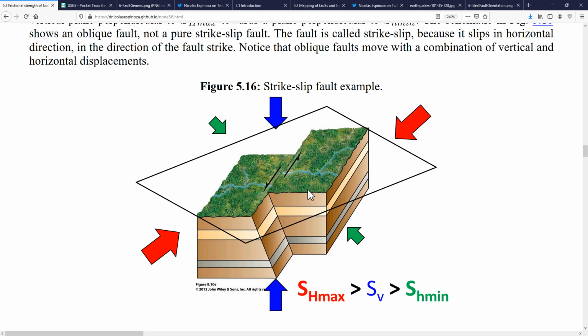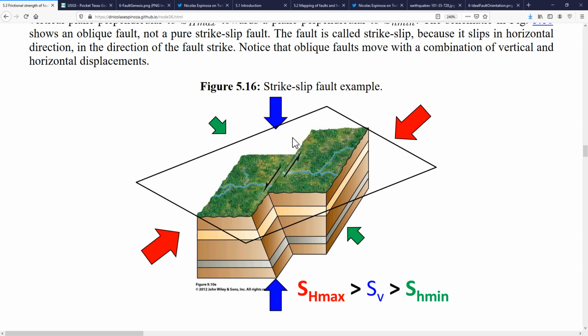In this case, we will say that if we jump from one side of the fault to the other, we can measure the movement, and in this case, it moved to the left. So this is a left lateral fault. Notice that if you were to jump from here to there, it would be the same. If we jump from here to there, we also see relative movement to the left. And the opposite will happen with the right lateral movement.